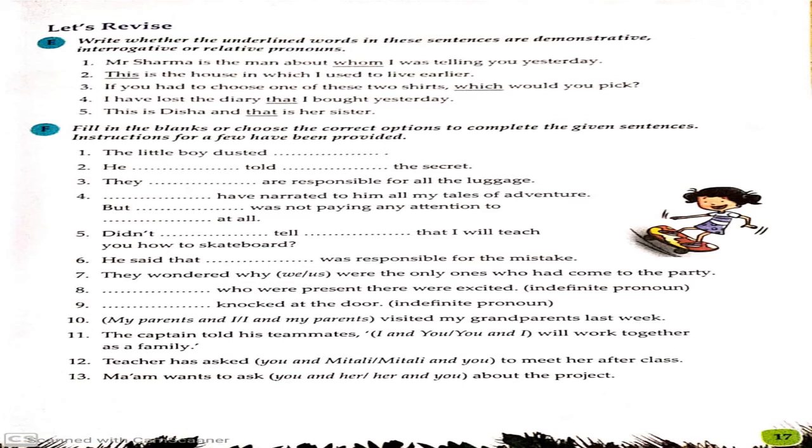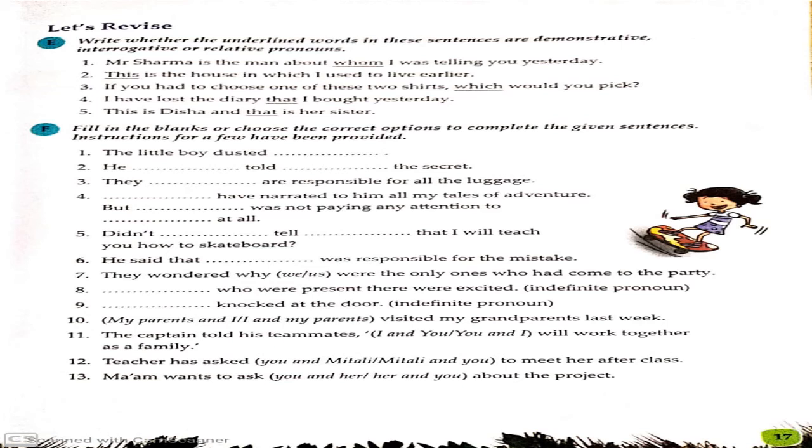So we have to find out whether it is demonstrative, interrogative or relative. We already know that demonstrative words like these, this, that, those are used. So that means this is not a demonstrative. Then remains interrogative and relative.